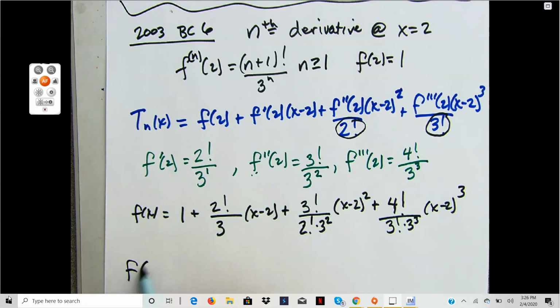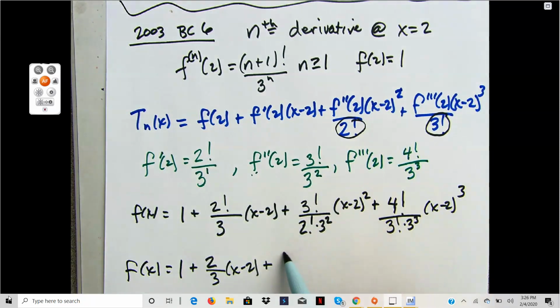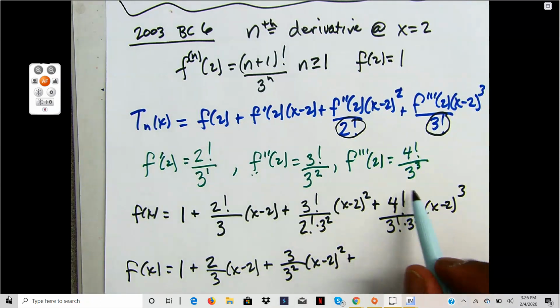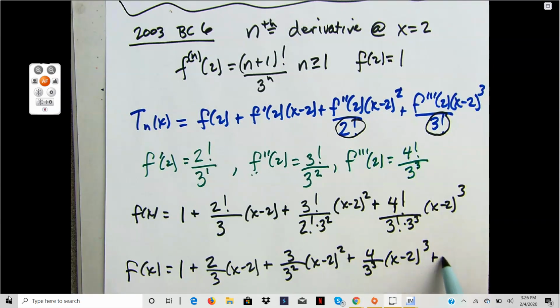So when we simplify, f of x is 1 plus 2 over 3 times x minus 2 plus 3 over 3 squared times x minus 2 squared plus, again this is 4 times 3 factorial, the 3 factorials reduce, so that's 4 over 3 cubed times x minus 2 cubed plus.